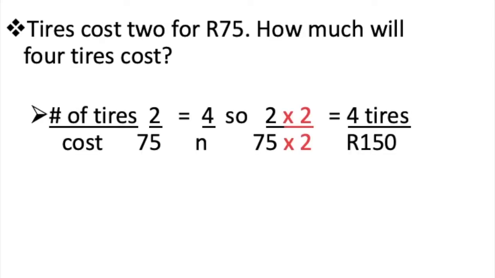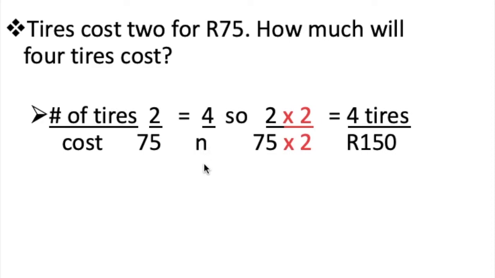The statement says the cost of 2 tires is 75 rand. So my bad, not 72, 75. 2 tires cost 75. You put that in a fraction. Then how much will 4 tires cost?